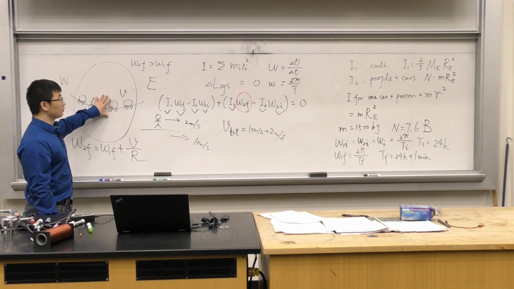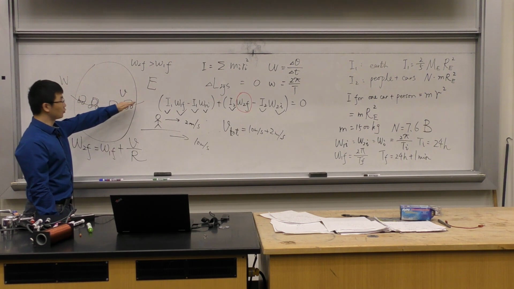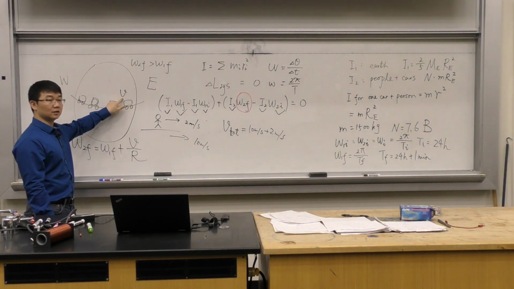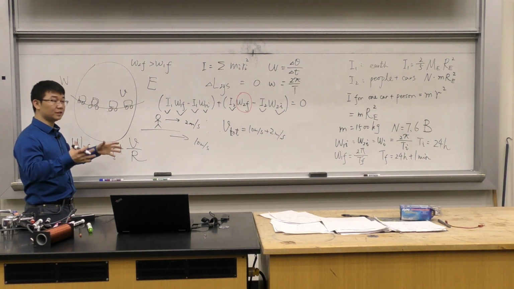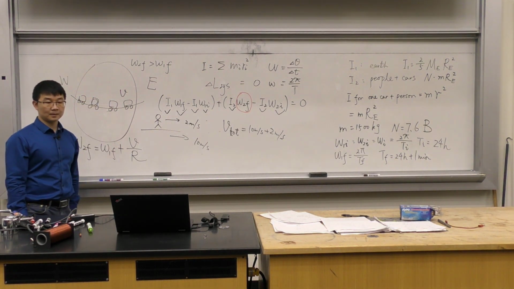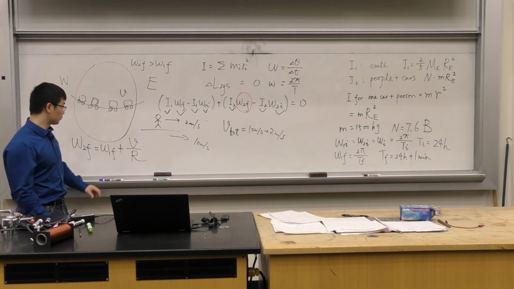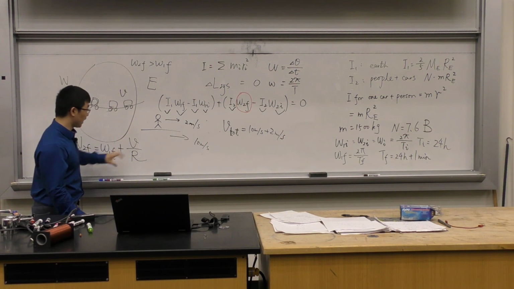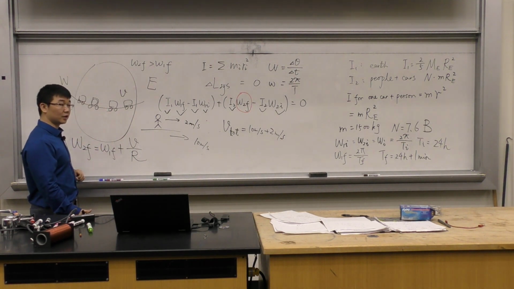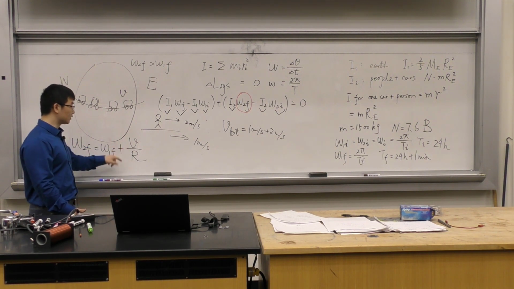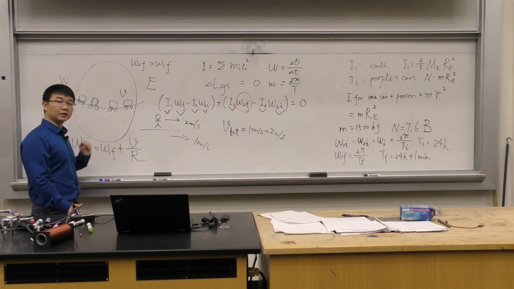You already have the speed of the Earth. Now you're driving in the east direction with an actual speed v. Okay? So if you want to find your speed, you would do the speed of the Earth plus this v. But now we're doing angular speed. So I'm just going to do the angular speed of the Earth plus this actual angular speed. How do I find the actual angular speed? I'm just going to do speed divided by radius, because they're always connected by radius.